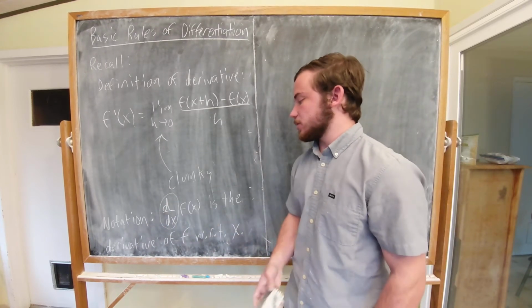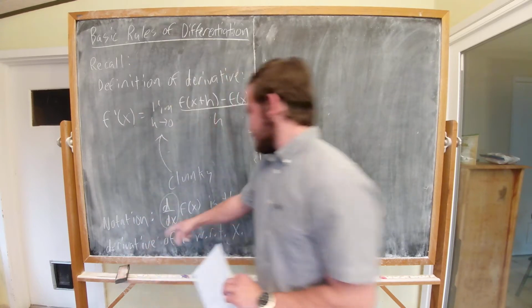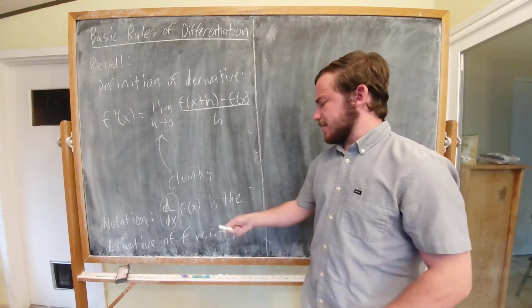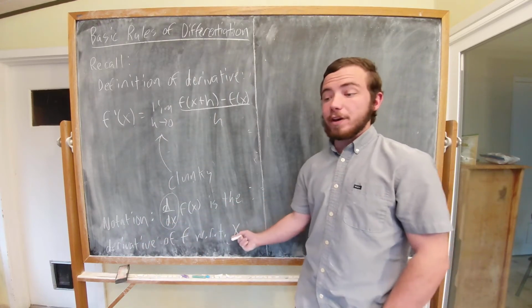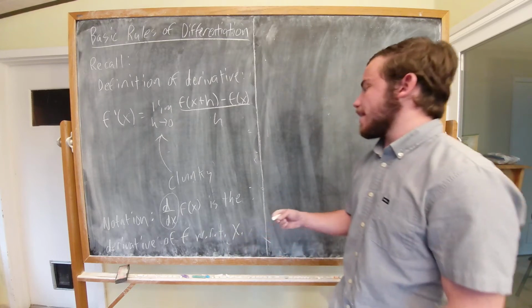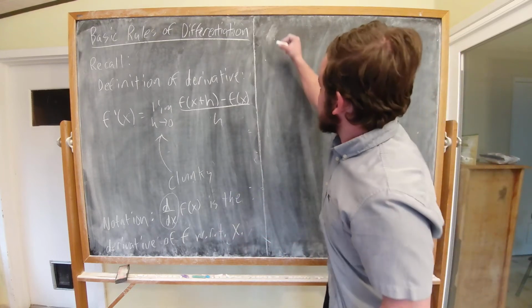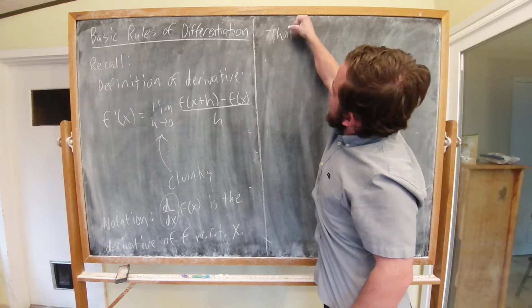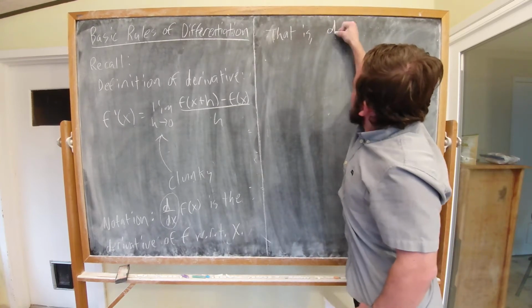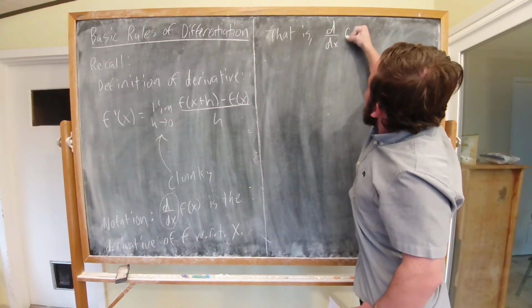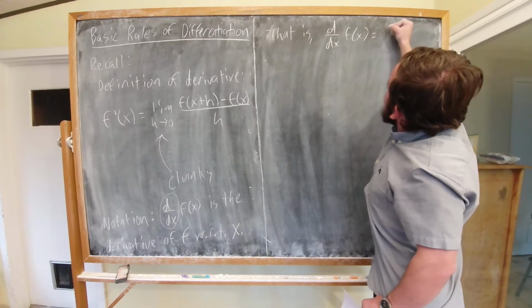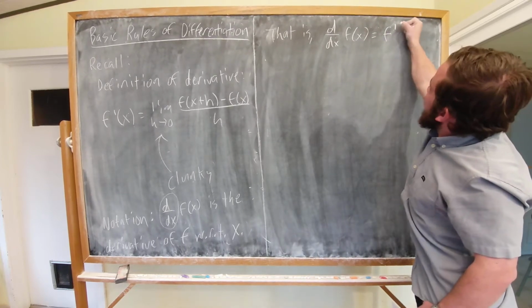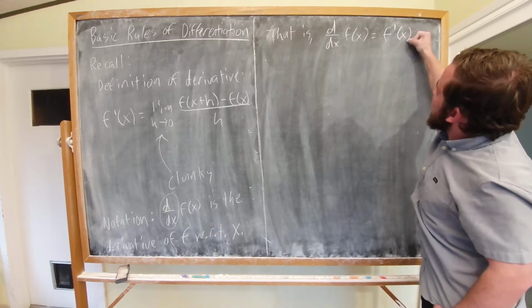This is d dx. Okay, so d dx of f of x is the derivative of f with respect to x. That is, d dx of f of x is equal to f prime of x.